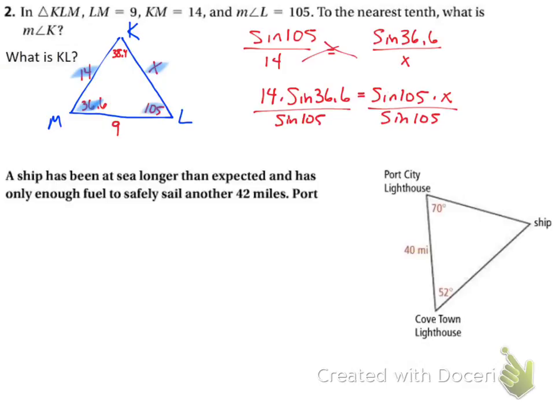So I go 14 times the sine of 36.6, and then divide it by the sine of 105. Again, just remember to end your parentheses after, especially the top one. And so when I do that, I get X is equal to 8.64, so 8.6.